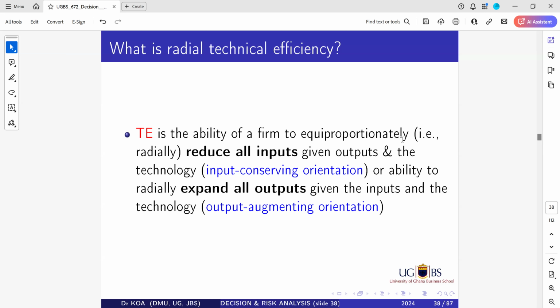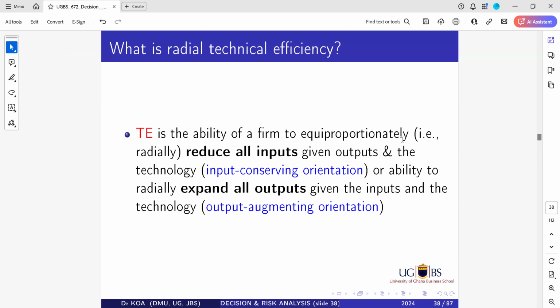Radial is coming from the word radius. Radius is something from the center to the circumference. So anything from a kind of an origin to the edge. So when you look at a circle, any distance from the center to any point of the circle is a radius.